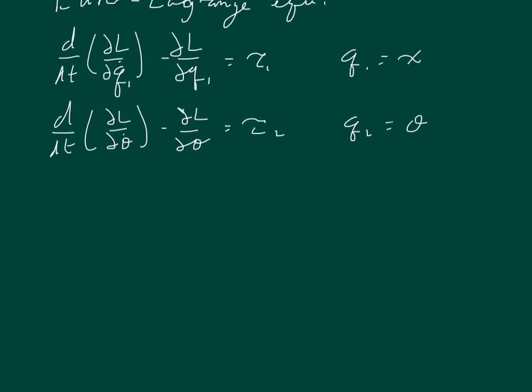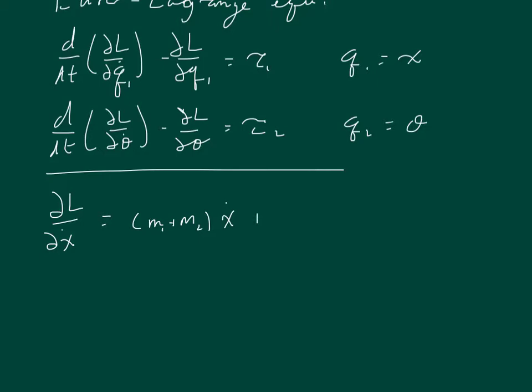So if we look at the previous equation, then we have that the partial of L with respect to x dot is going to be equal to (m1 plus m2) x dot plus m1 L theta dot cosine of theta, and then recognize that x dot is a function of t, as is theta dot, as is theta. Therefore, when we take the time derivative of partial of L with respect to x dot, we have to use the chain rule.